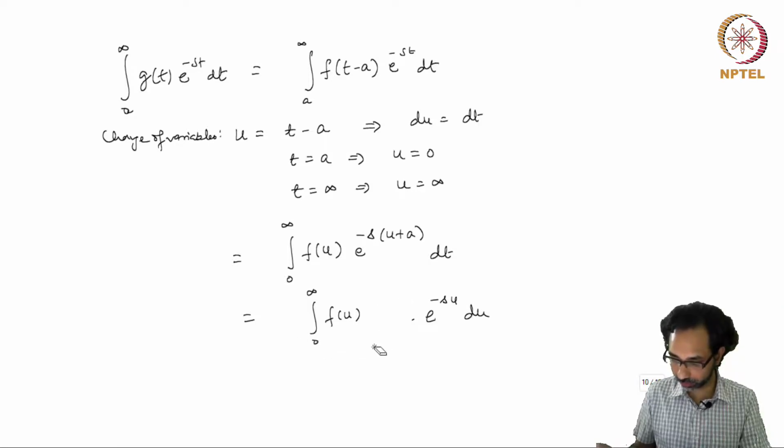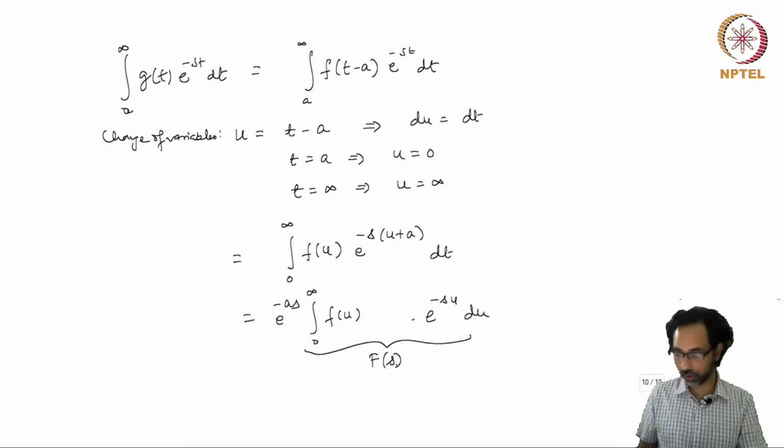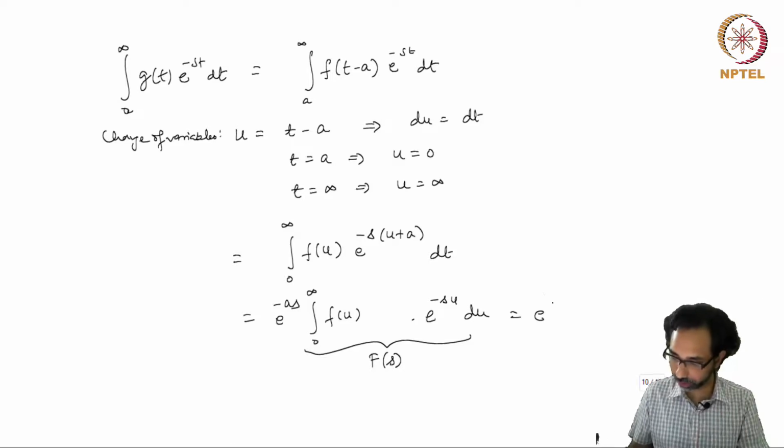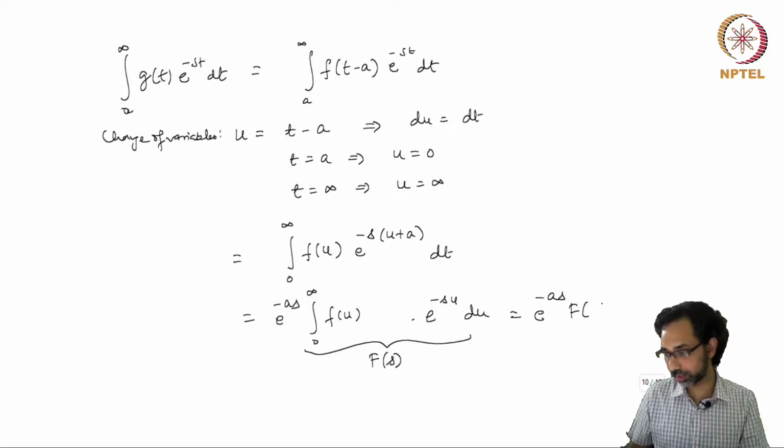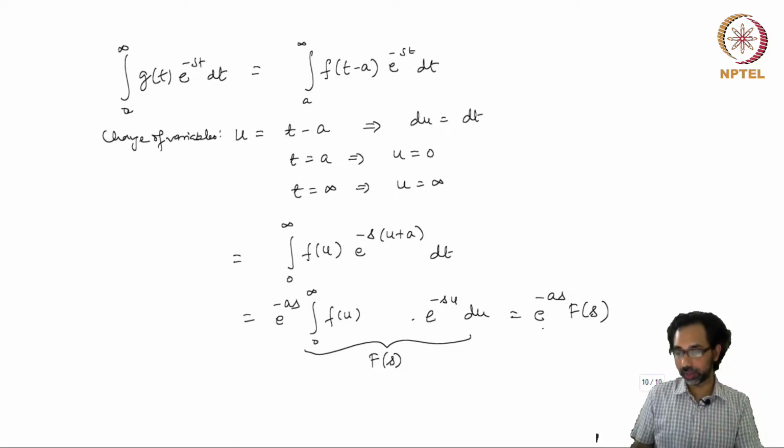So I can just delete it from here and write it outside the integral, and what we are left with inside the integral is simply the Laplace transform of f. Therefore, in the end we get as answer the Laplace transform of g(t) is simply exponential minus as times F(s).